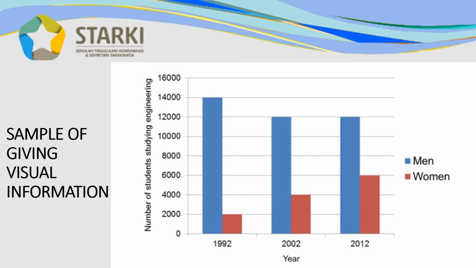Starting from the greeting, introduction to topic, and then number 3, you explain what kind of visual information it is. Don't forget to state the purpose.